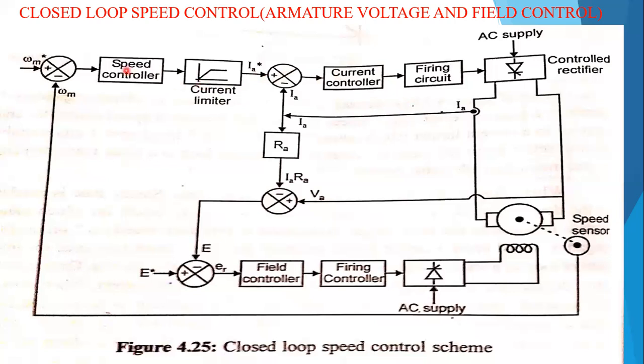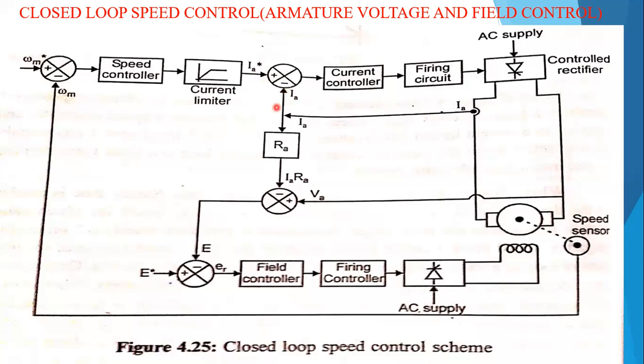The speed error is corrected by the maximal permissible armature current until the speed error becomes small and the current limiter comes out of saturation. Now the speed error is corrected with a new IA that is less than the permissible value of armature current. Likewise, for positive speed error, the armature current can be controlled.